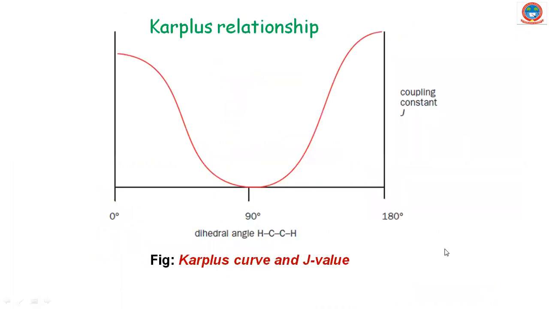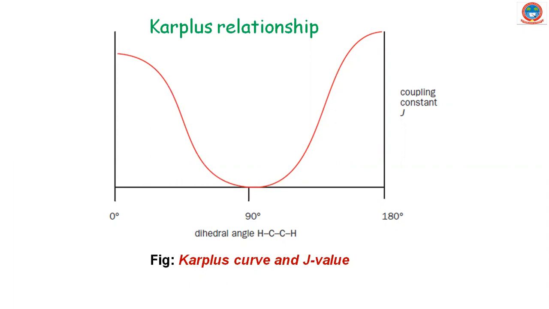Okay, now this is the Karplus relationship. Very excellent. This graph, very rough graph, will give you accuracy in determining the stereochemistry as well as the conformation of the molecules.